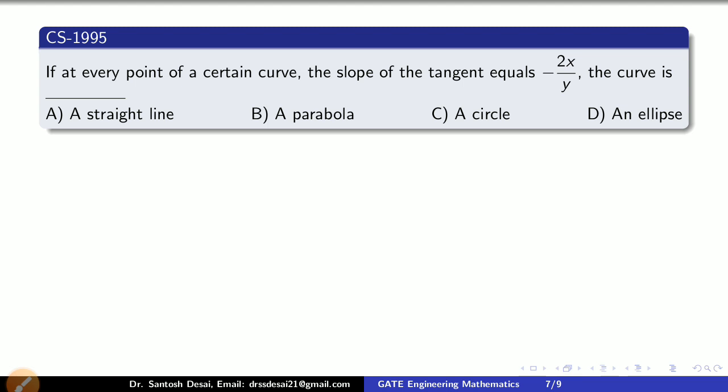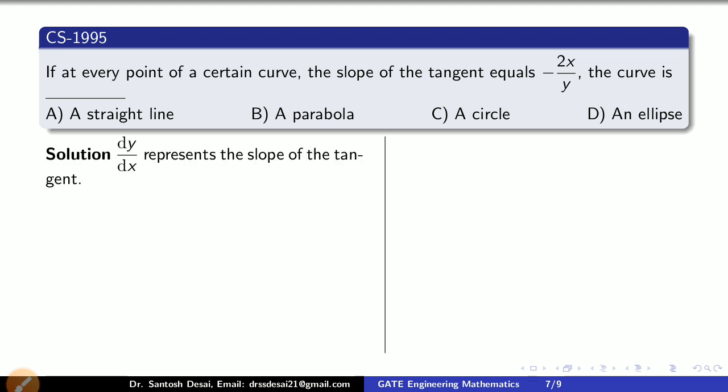And we know that dy by dx represents slope of tangent to the curve at a point. So therefore dy by dx is equal to minus 2x divided by y.